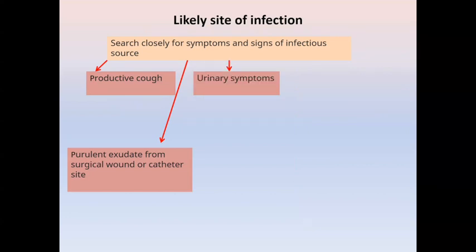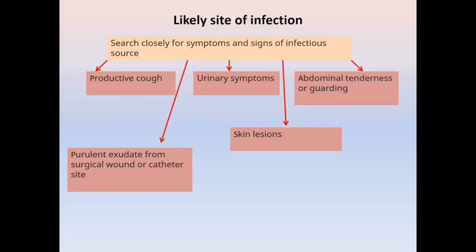It could be urinary symptoms. It could be skin lesions. It could be abdominal tenderness or guarding, or it could be meningeal irritation, because each and every one will require a different type of antibiotics. Giving the same thing to all these conditions will not be very helpful, and it is not rational, of course.